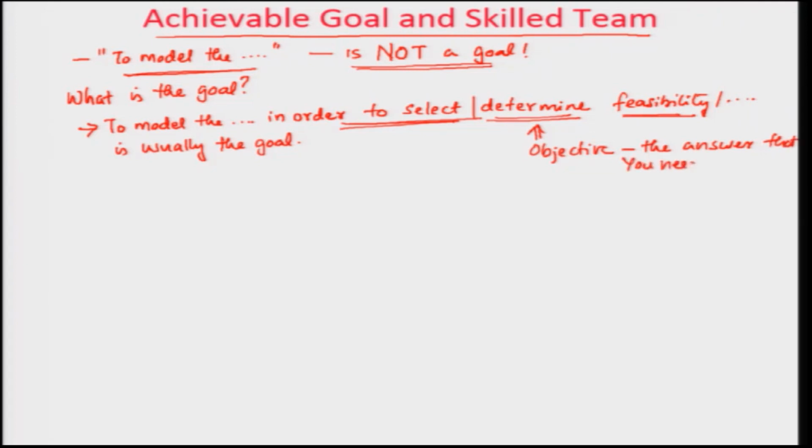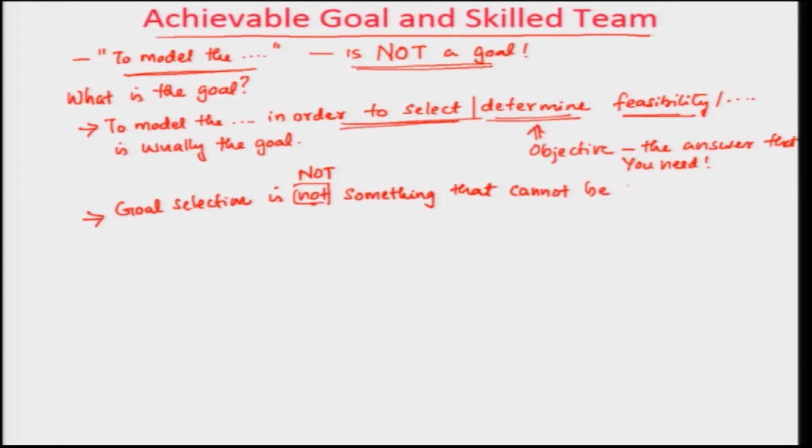Okay. Please remember that. Also remember that goal selection is not something that cannot be changed in due course.